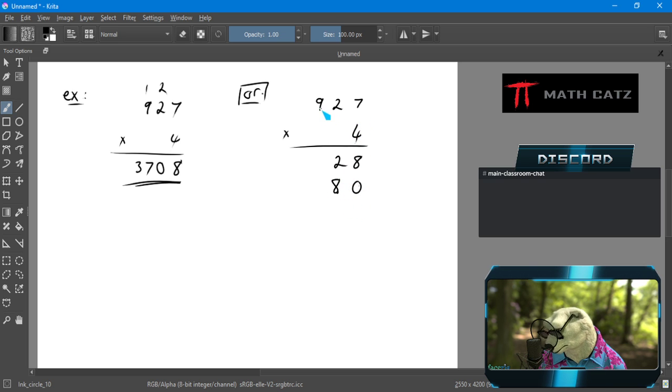Then I'm going to go 4 times 9 hundreds. So my answer is going to start here in the hundreds, and I pad it so that everything is nice and in line. 4 times 9 is then 36. It's really 4 times 9 groups of 100 is 36 groups of 100, but it's very tedious to say, so we drop the groups of 100 every time.